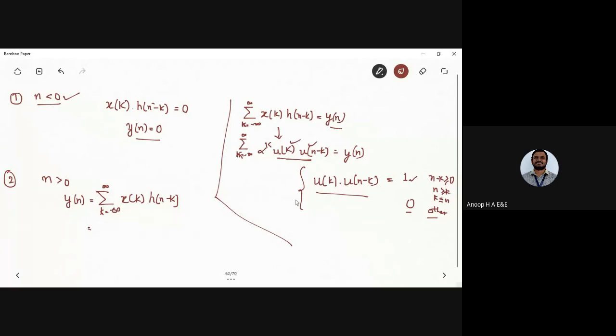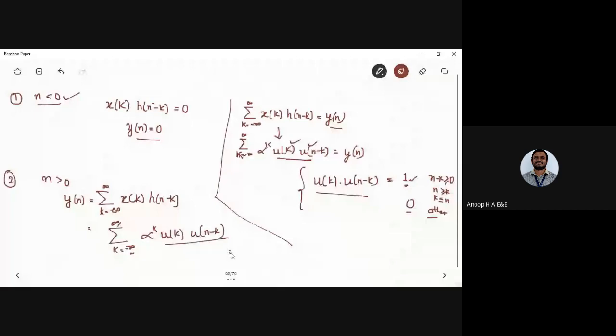Now I have the value which will be equal to 1, as I told you, sigma k equals minus infinity to plus infinity alpha power k, u of k and u of n minus k. Now this is the summation what I have from minus infinity to plus infinity.